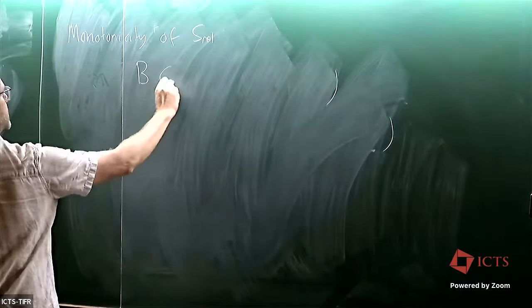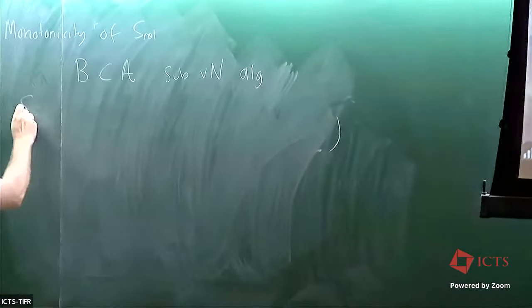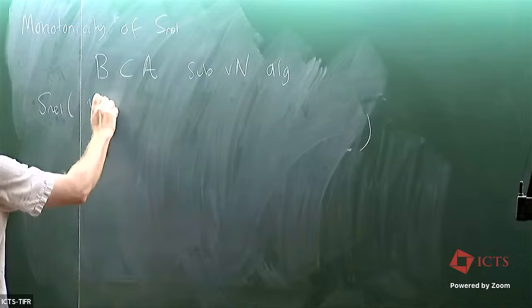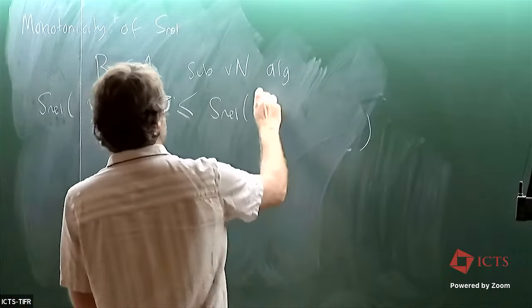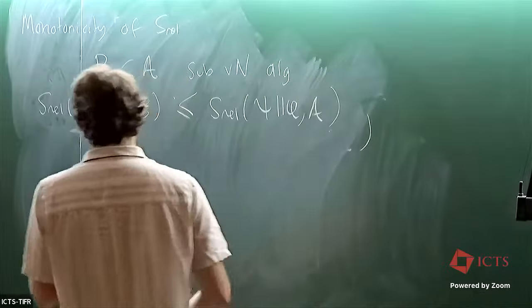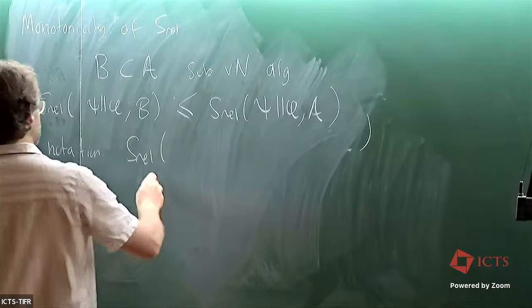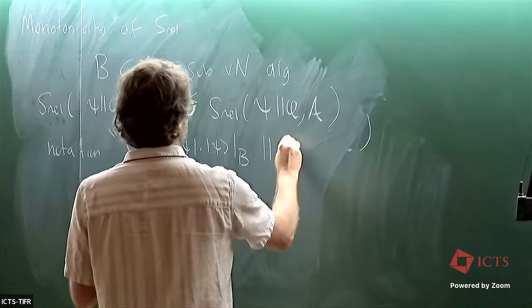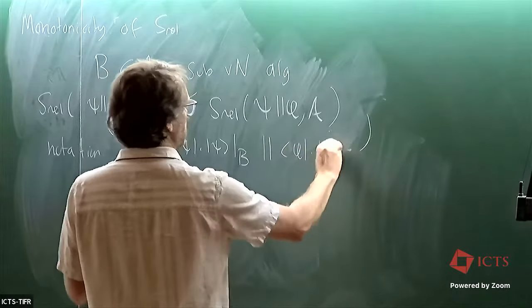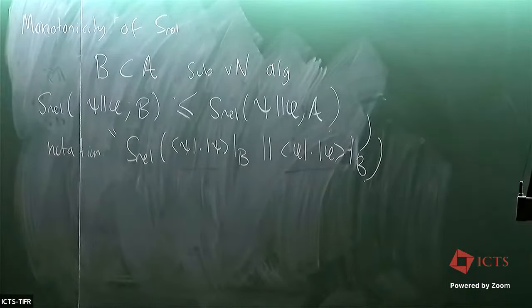If I take a von Neumann algebra, a subalgebra of my original algebra, so this is a sub-von Neumann algebra, then you can show that the relative entropy, which I'll write in terms of the purifications now, for B is less than the relative entropy for A, where my notation is that this thing is equal to the relative entropy of the states psi restricted to B and phi restricted to B. Right, so these defined states are linear functionals. That's the context in which I defined this relative entropy.